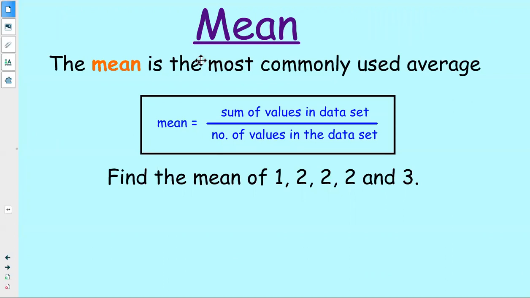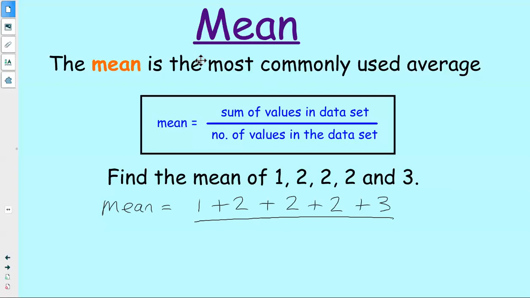So I'll just write this out now. Mean equals, I'm going to add those values together: 1 add 2, add 2, add 2, add 3. And you're going to divide all of that by how many numbers there are. If we count, there's 1, 2, 3, 4, 5.